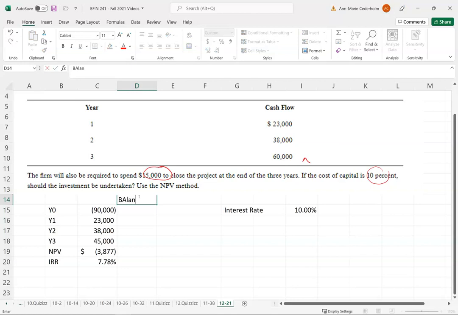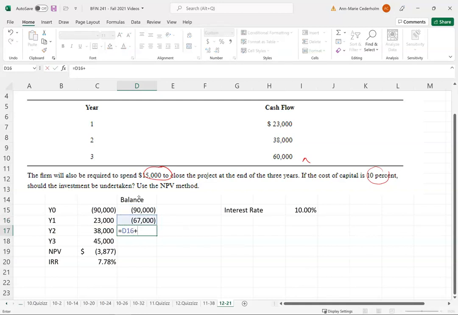So the easiest thing is to just do a running balance right beside all of your cash flows. So in year 0, we're minus 90. That's our original investment. Then in year 1, once we get $23,000 in cash, we end up having $67,000 left of the investment to pay off.